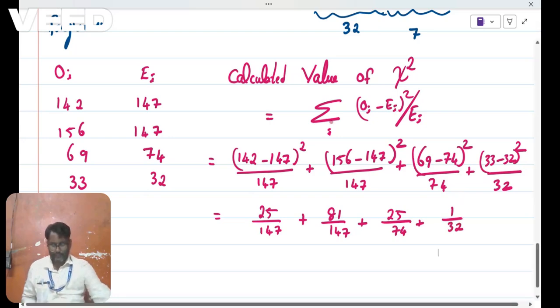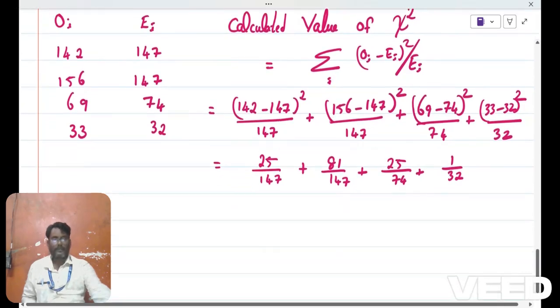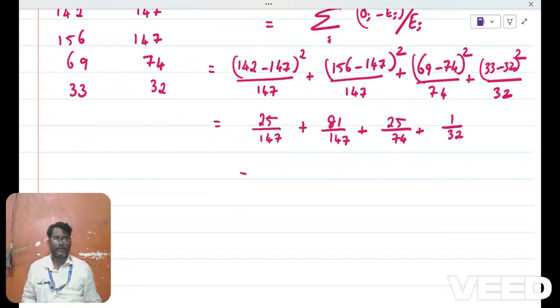If you compute this value it should be equal to 1.09. This is your calculated value of chi-square.